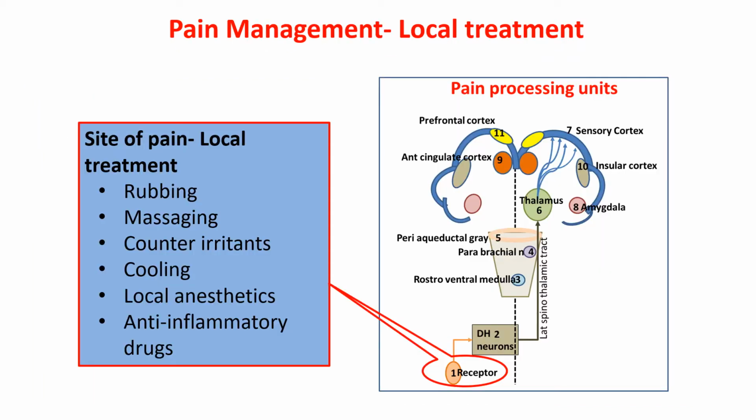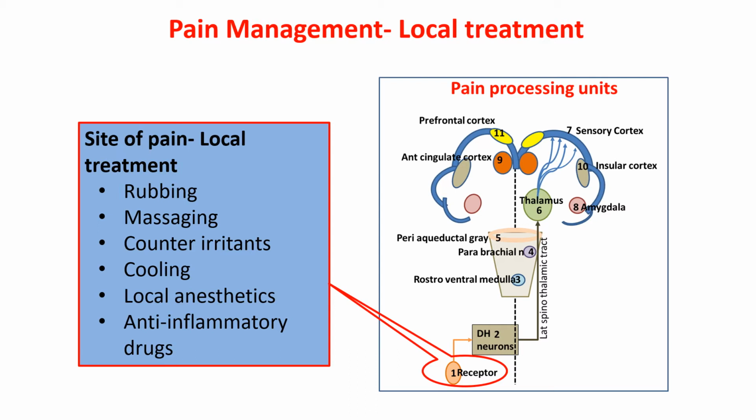Treatment in the management. Usually immediately after pain, there is a rubbing or a sort of touching so that there is improved circulation. That would help to move away the chemicals which are accumulated because of the tissue injury.